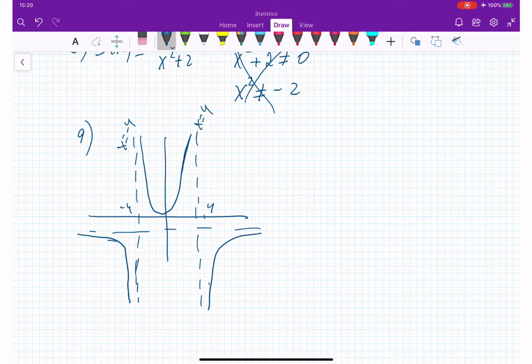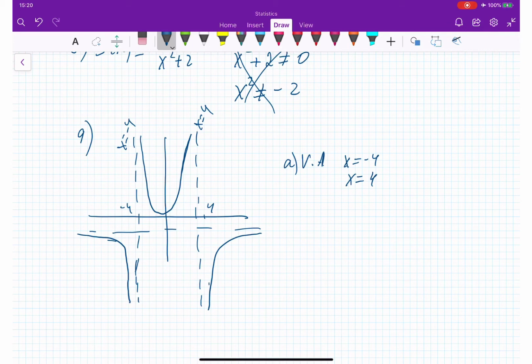Then what is going to happen here? Our two vertical asymptotes are x equals negative 4 and x equals positive 4.